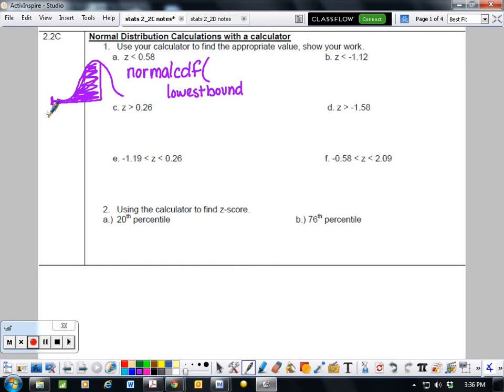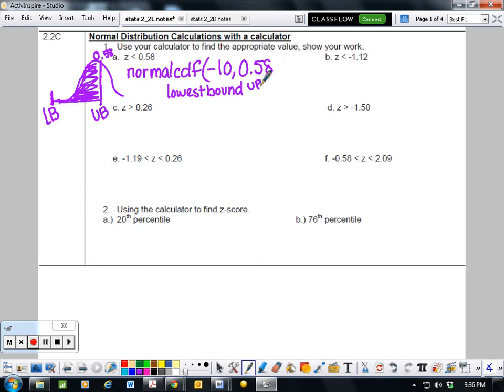So I'm going to use -10 as my low bound. And then I want to know my upper bound. So this is the low bound on my shading, and this is the upper bound on my shading. And that's my z-score, the 0.58. And so that's going to be my upper bound. I want to know the shading between -10 and 0.58.